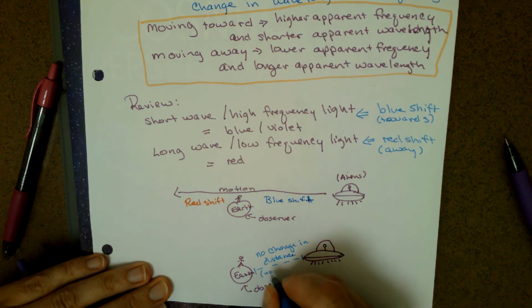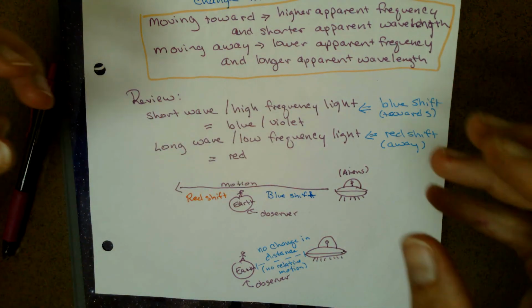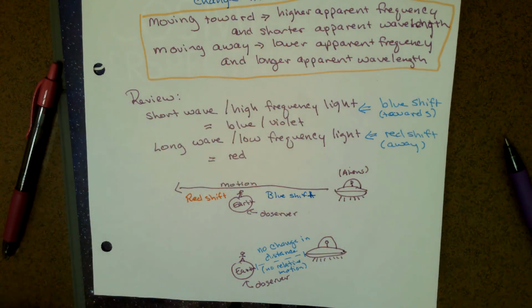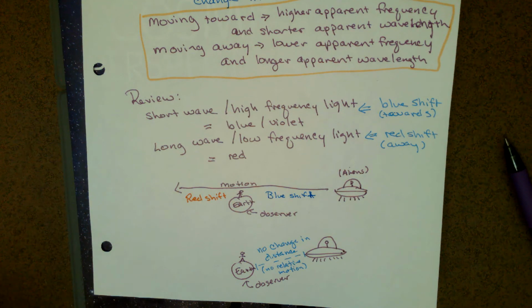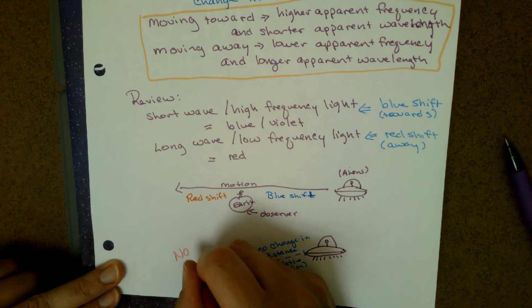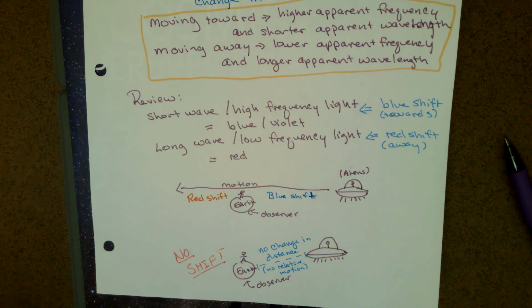In other words, no relative motion. Remember, Earth is moving around the sun. So if there's no relative movement, it's like you're a boat dragging a bobber behind you, for example. Now, would you see a red shift, blue shift, no shift, or both? If you said no shift, you are correct. And that's it for the Doppler effect.